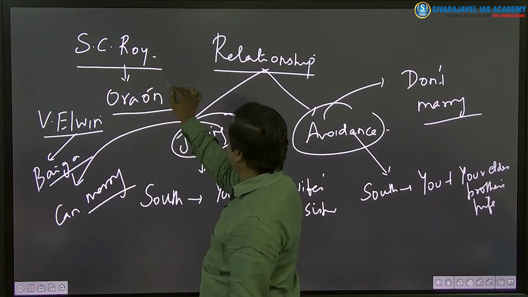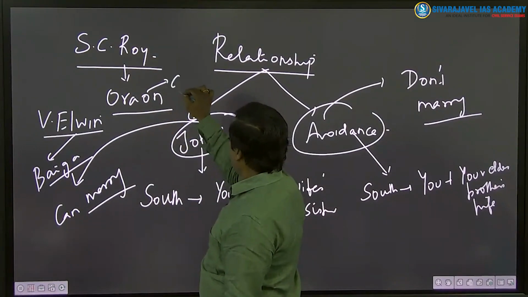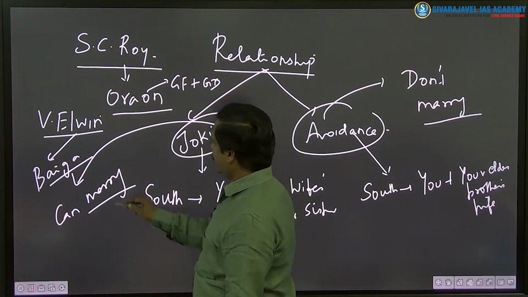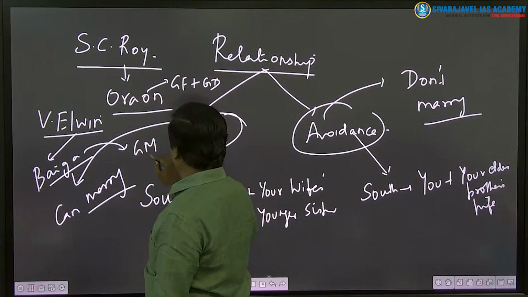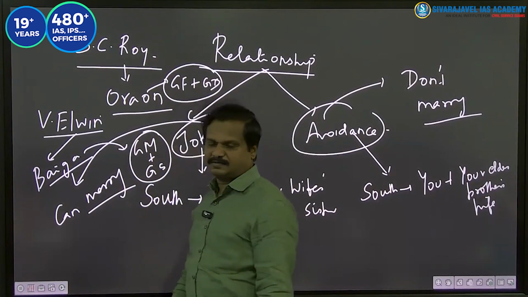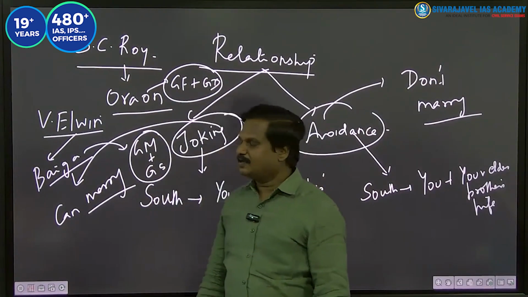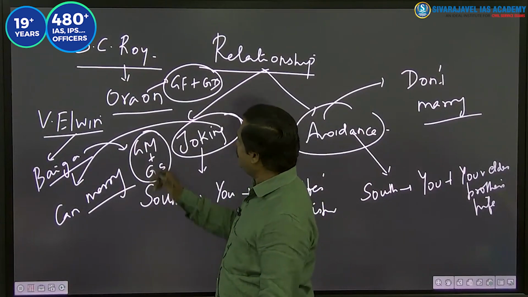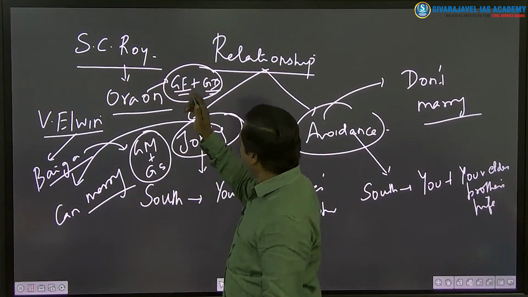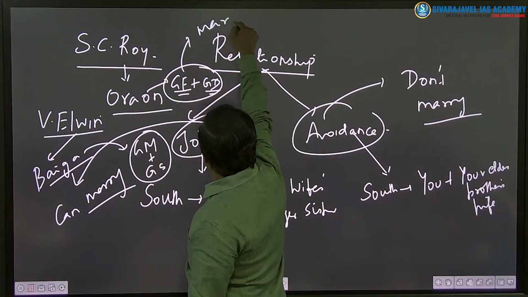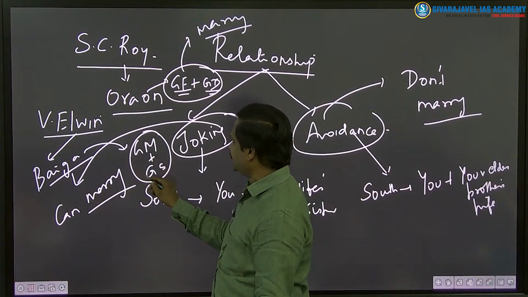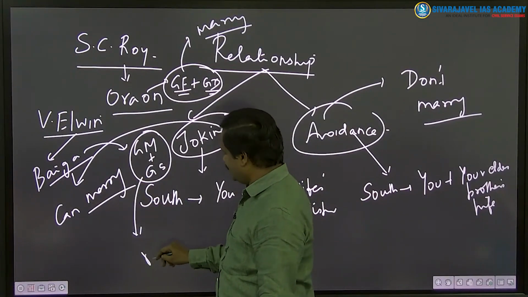In the case of Oraons, the grandfather will have a joking relation with the granddaughter. And in Baiga, the grandmother will have a joking relation with the grandson. It is very surprising that among Oraons, grandfather and granddaughter have a joking relationship because they can marry. And among the Baiga, grandmother and grandson have a joking relationship because they also can marry.